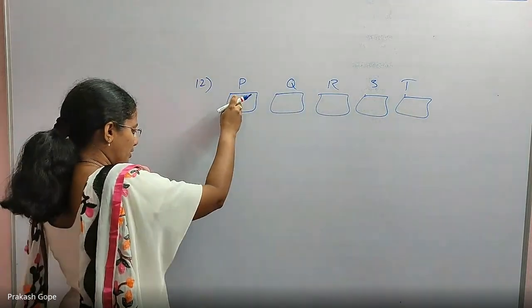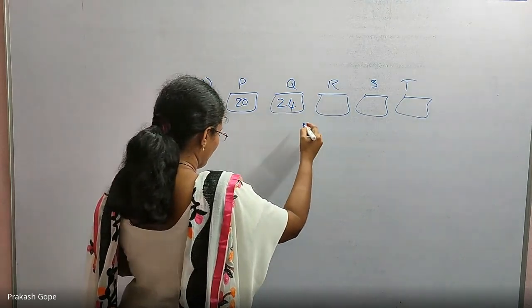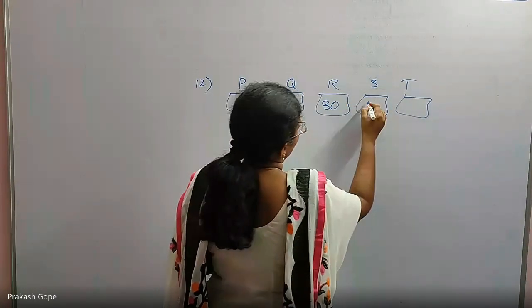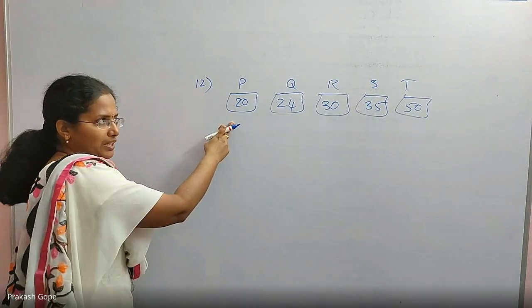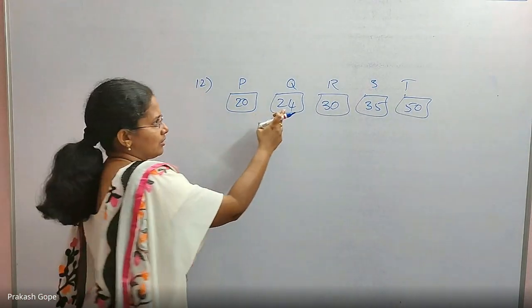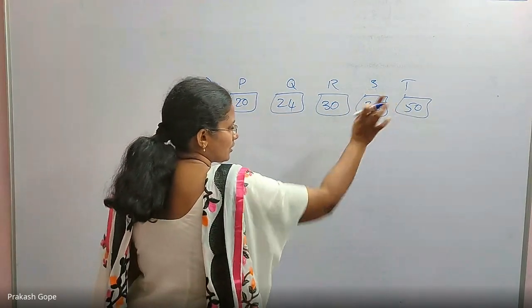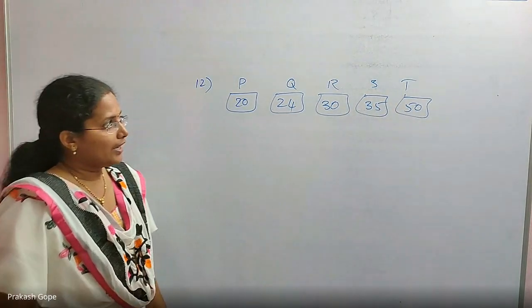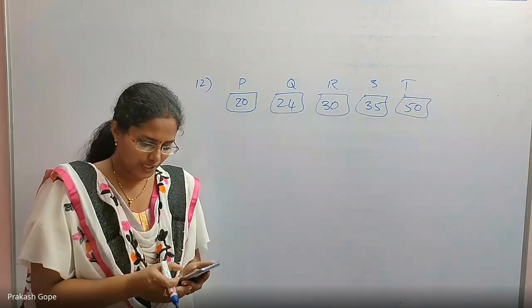The number of elements are 20, 24, 30, 35, 50. So these many elements are there in P, which are sorted. 24 elements are there in Q, which are sorted. So I have to merge them into one single file, or one single array.